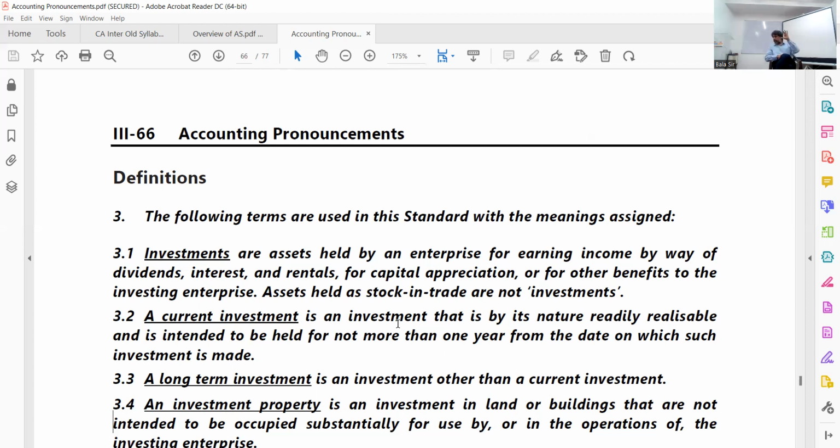Say investments are assets, they're very clear. And these are assets because they're going to generate some future economic benefits, either income or capital appreciation, or there can be even cost savings for me.